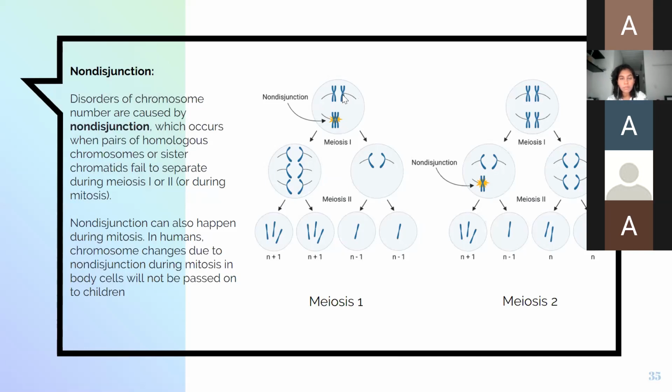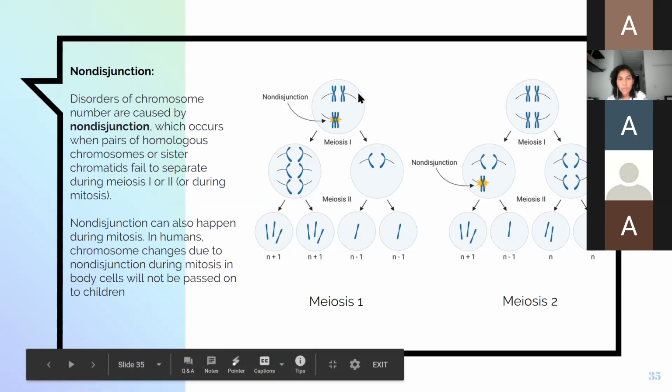Normally one homologous pair goes one way, another homologous pair goes the other, but in this one, you can see both pairs go to one egg. So you have 3 copies. And the consequence of that is that in meiosis 2, it ends up with 2 egg cells that have 3 chromosomes, so n plus 1. So that happens in meiosis 1.